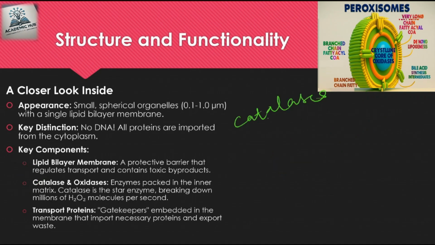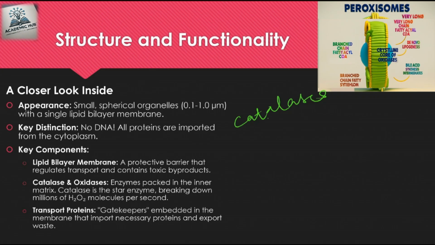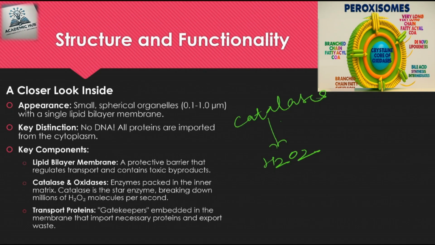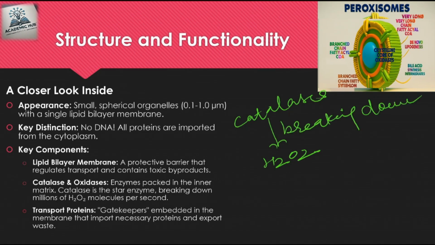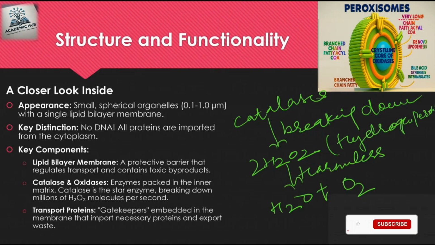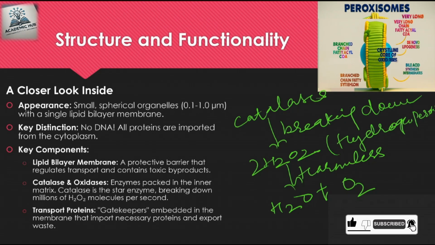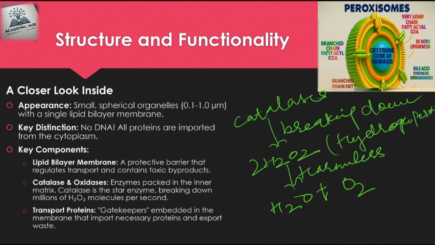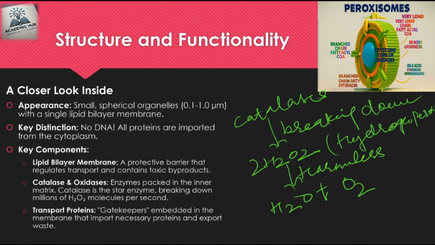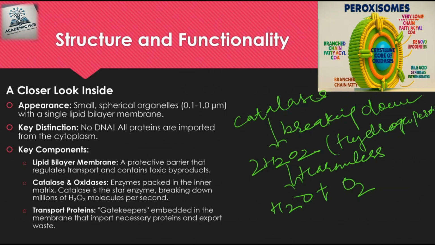Catalase is the primary and most famous enzyme, responsible for efficiently breaking down H2O2, hydrogen peroxide, into harmless water and oxygen, acting as a rapid demolition expert to prevent cellular damage. A single catalase enzyme can catalyze the decomposition of millions of hydrogen peroxide molecules per second.